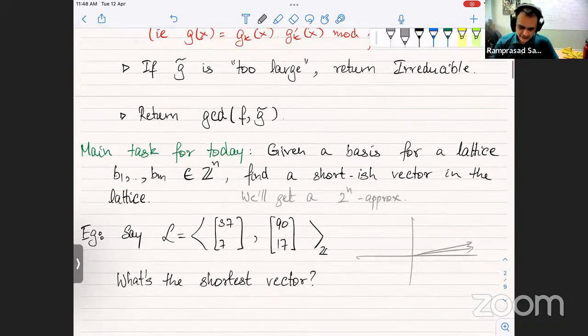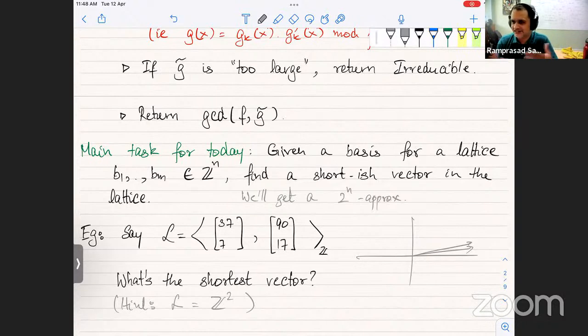But suppose I actually told you that the lattice that this ends up generating is actually the more familiar integer lattice. Doesn't look like that at all, right? But it turns out if you think about it more, you basically get all possible integer points.